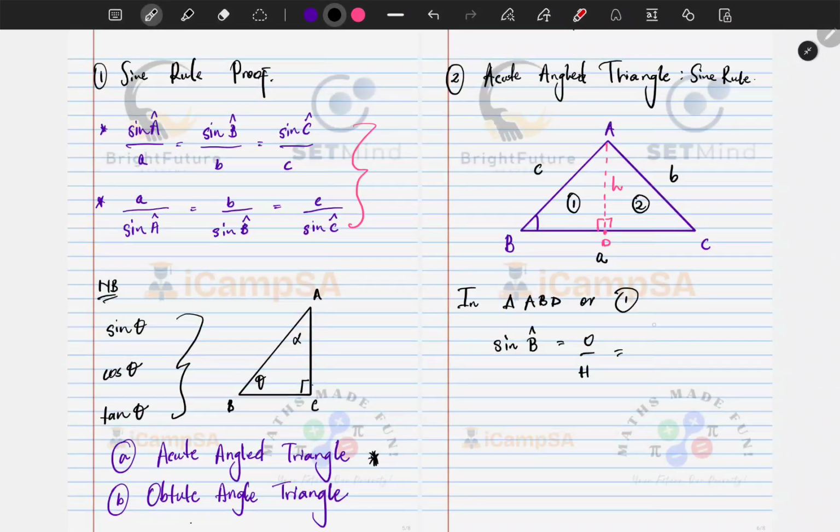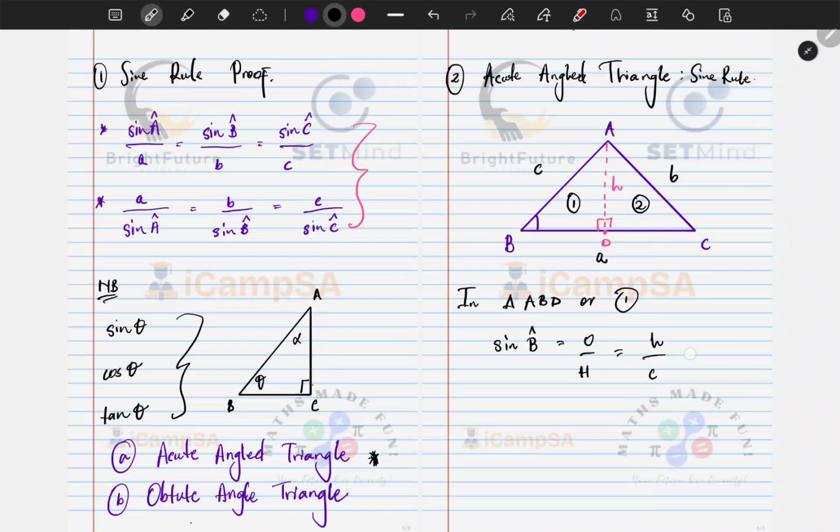So what is my opposite side? My opposite side is H, which is my height. And then what is my hypotenuse? My hypotenuse is C, right? Now remember I said H is common in both these triangles, so I'm going to try and make H the subject of the formula.